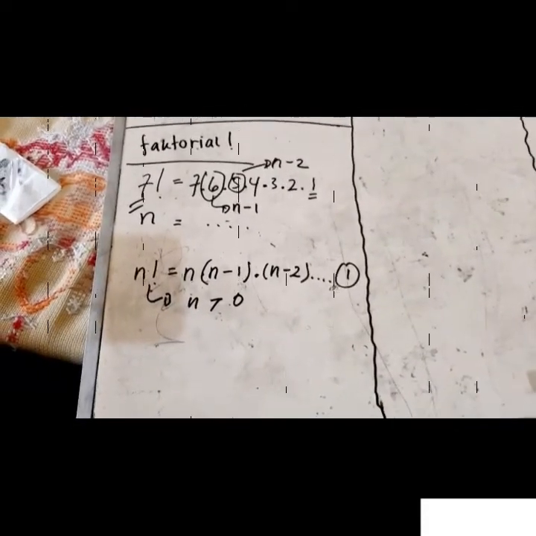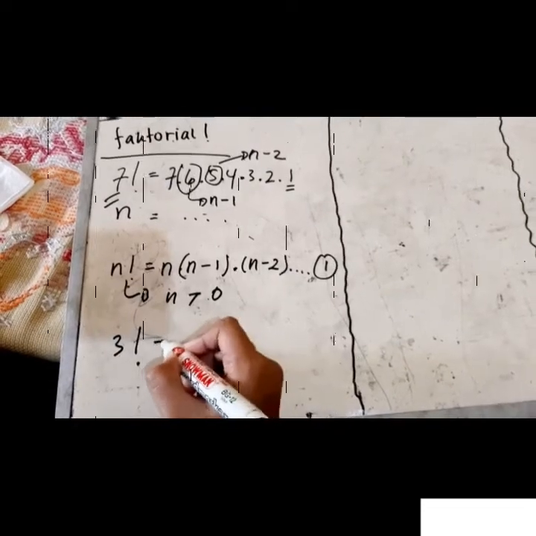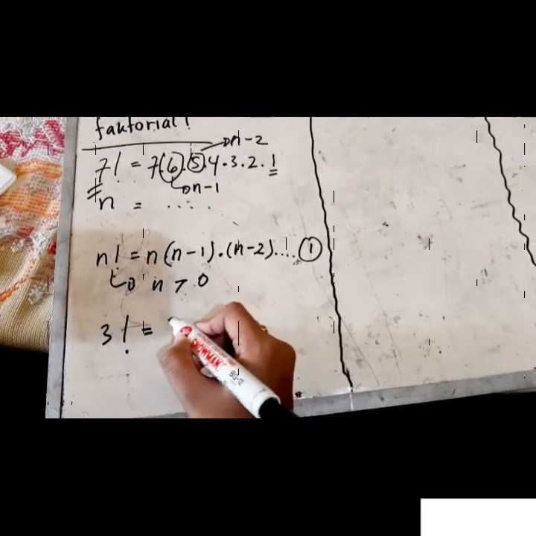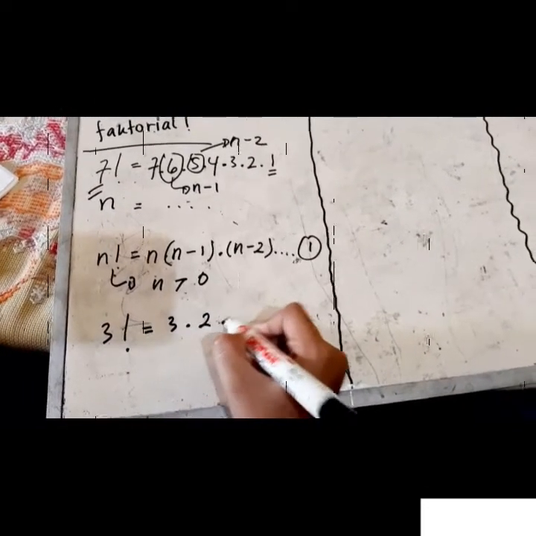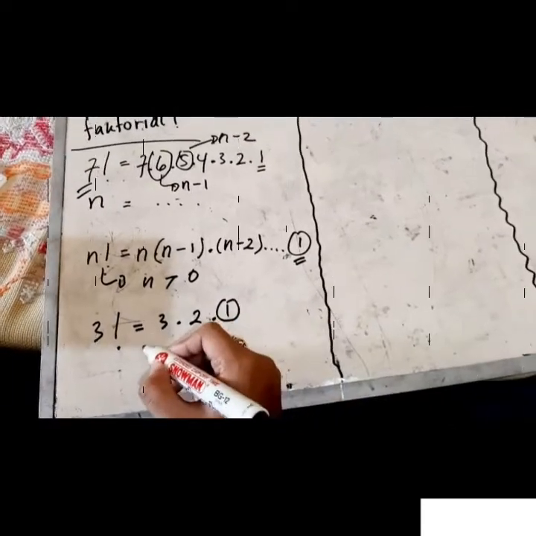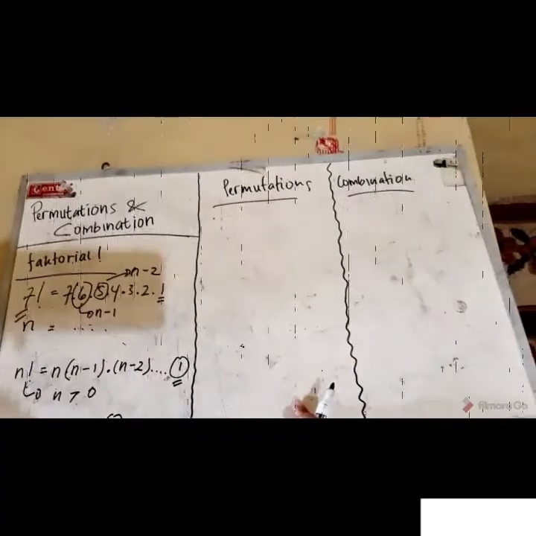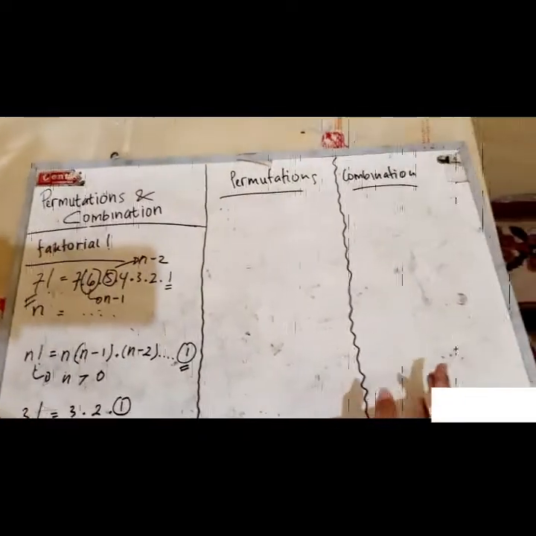For example, more easily, 3 factorial means 3 times 2 times 1. Remember it? Equal to 6.